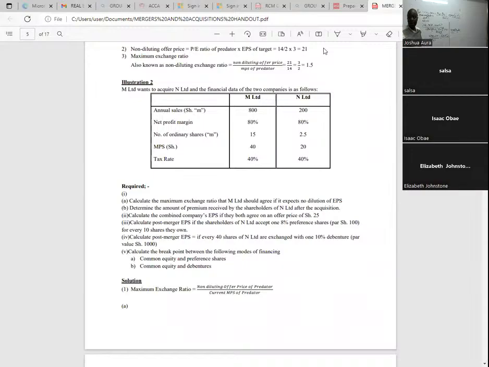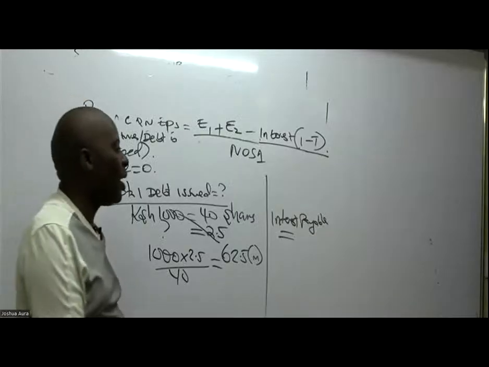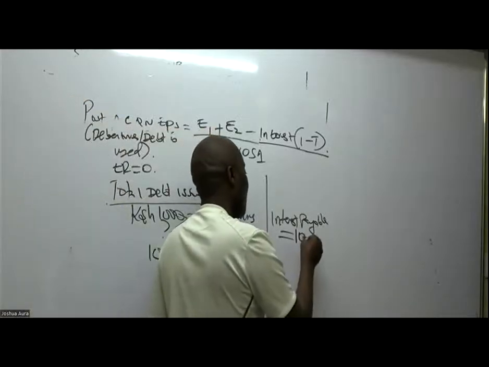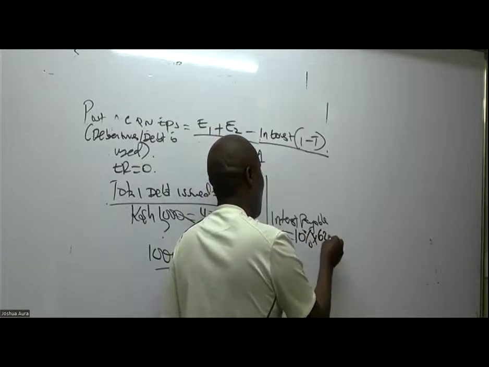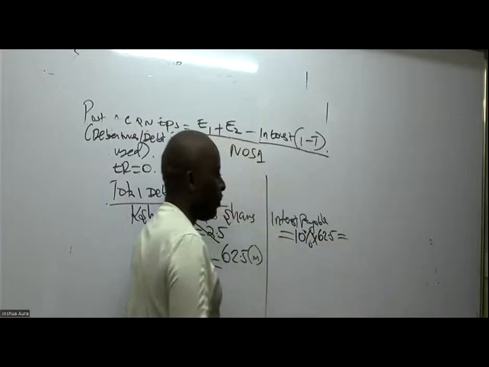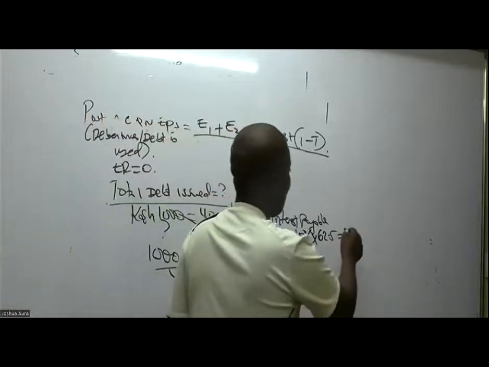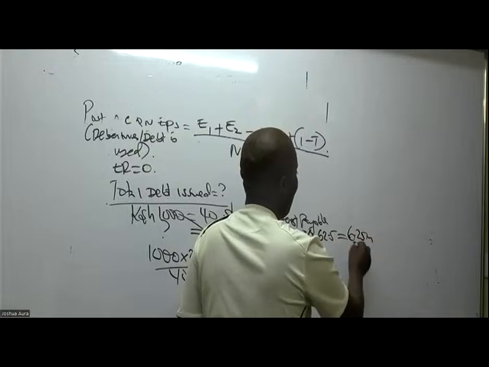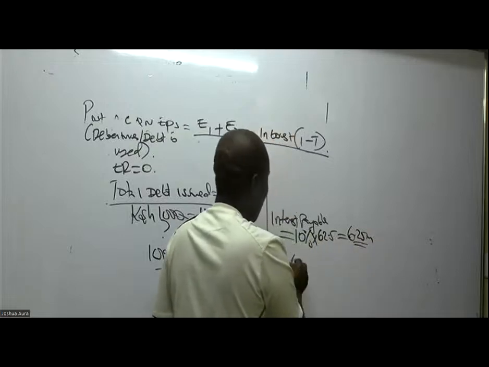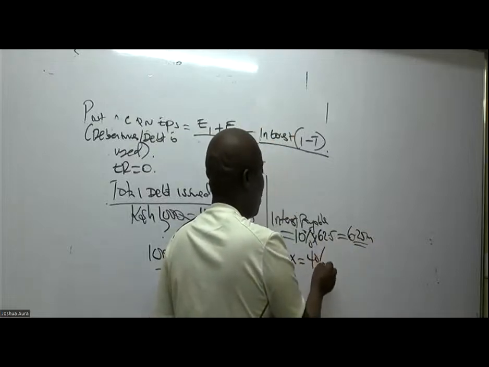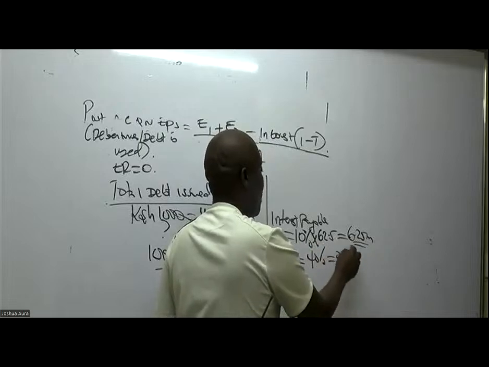So this will be 10% of 62.5, which gives 6.25 million. And then, of course, they have given me the tax rate. Tax rate in the question is 40%, which is the same as 0.4.